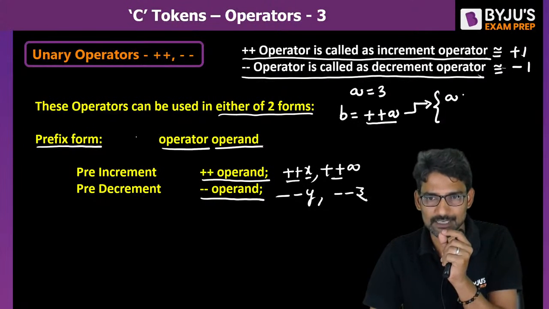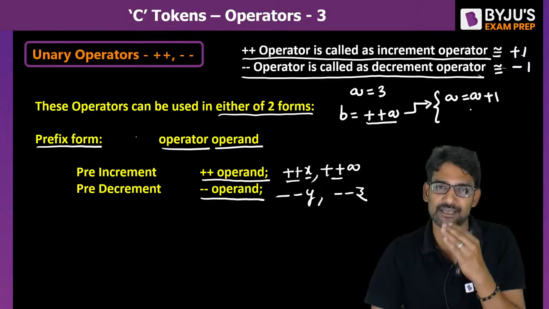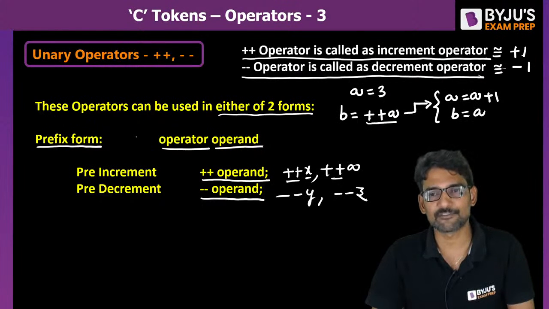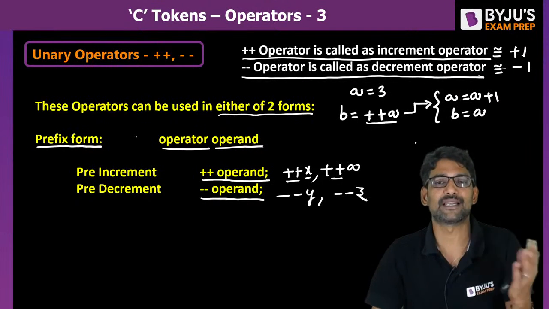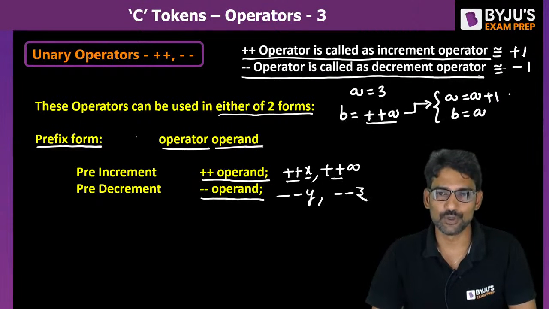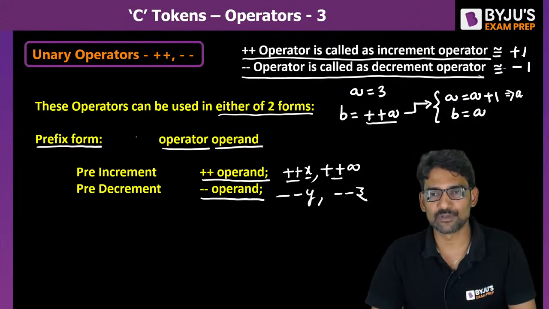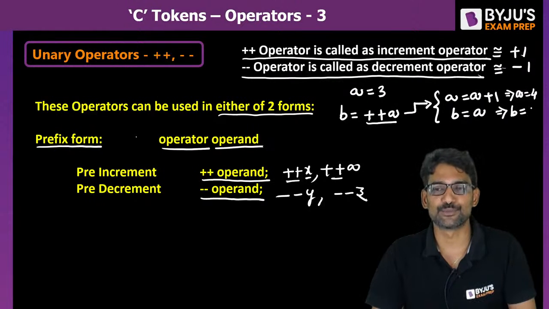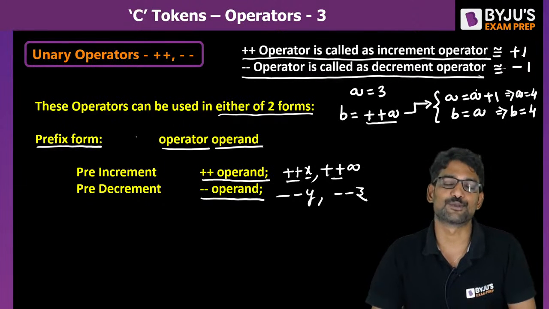So increment a value first, then assign that incremented value to LHS. So a equal to a plus 1 will make a 4, then that incremented value is assigned to b, so b value also would be 4.